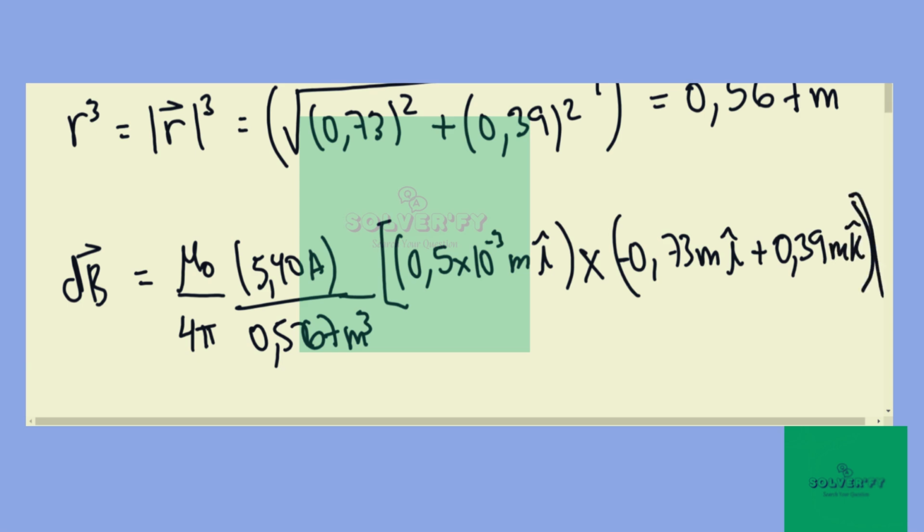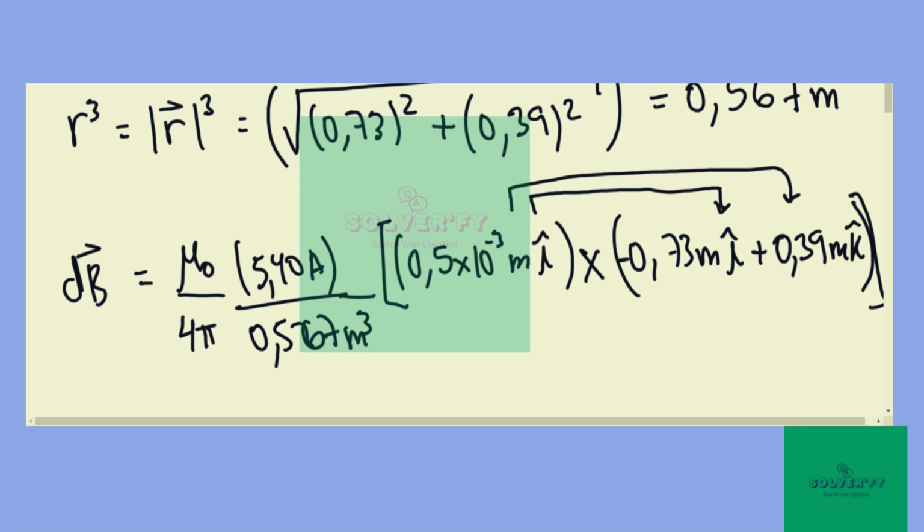So we need to do this cross product. We know that when we do the cross product of the same unit vectors, when we do I cross product with I, we obtain 0. So from that term we obtain 0.